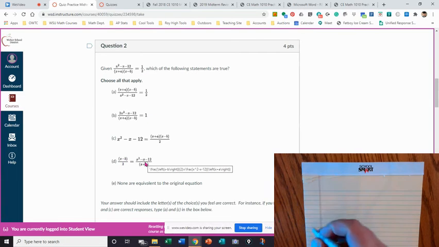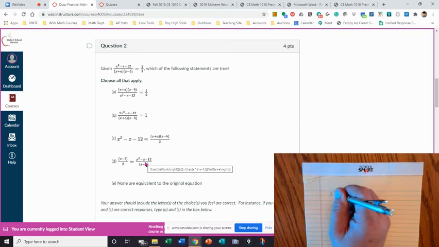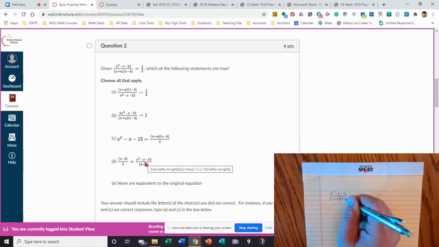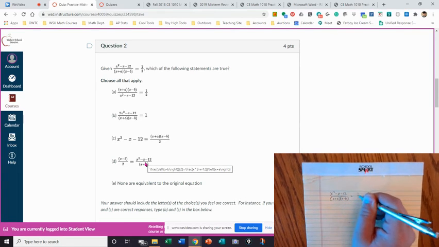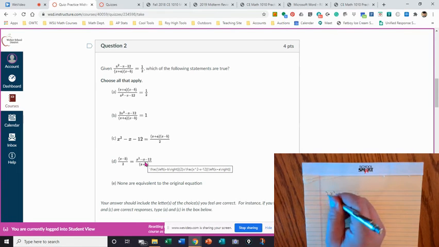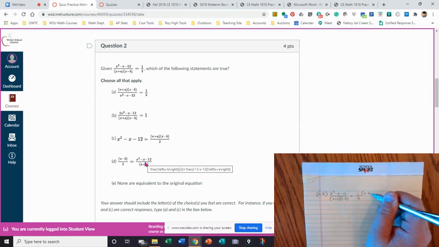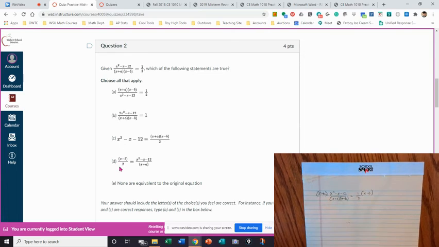So let me show you. X squared minus x minus 12 over x plus a times x minus b equals 1 over 2. If you multiplied by x minus b over here and over here, that would cancel. And I just have 1 times x minus b over 2, that's what's right there on the left.